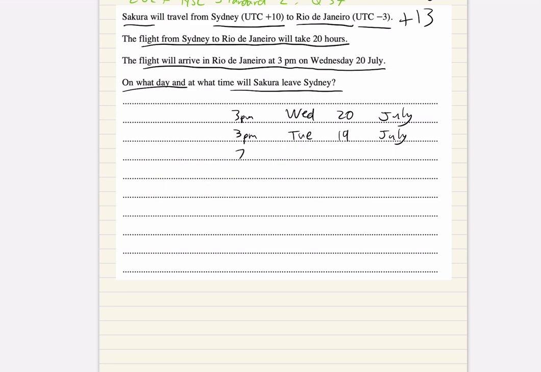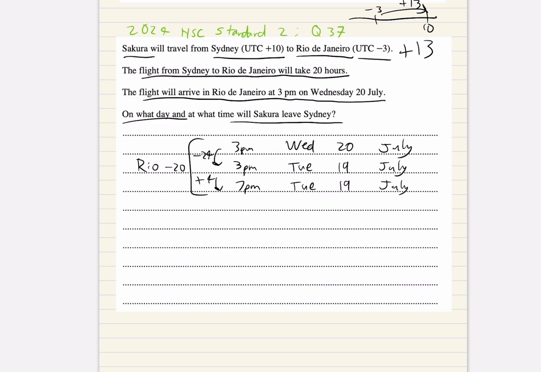If we add 4 hours to this, we're now at 7 p.m. Tuesday, 19th of July, and this is all in Rio time. So what I did going from here to here is I minus 24 hours, and then I added 4. So in effect, I've minus 20 hours. Now I know when the flight would have left in Rio time.